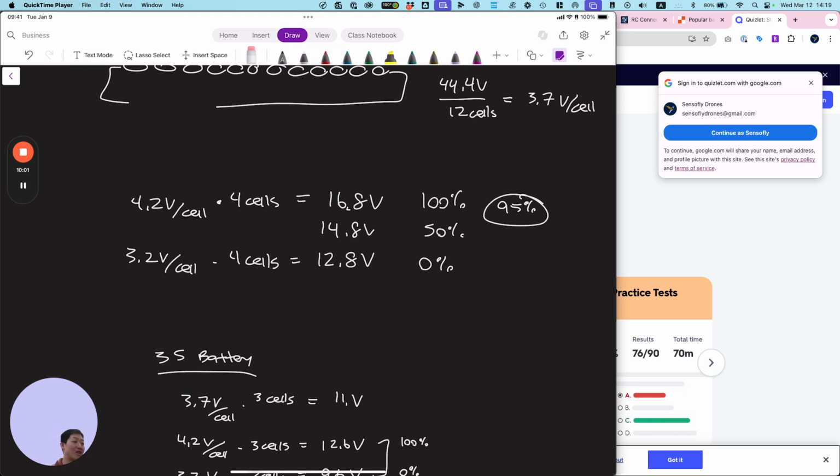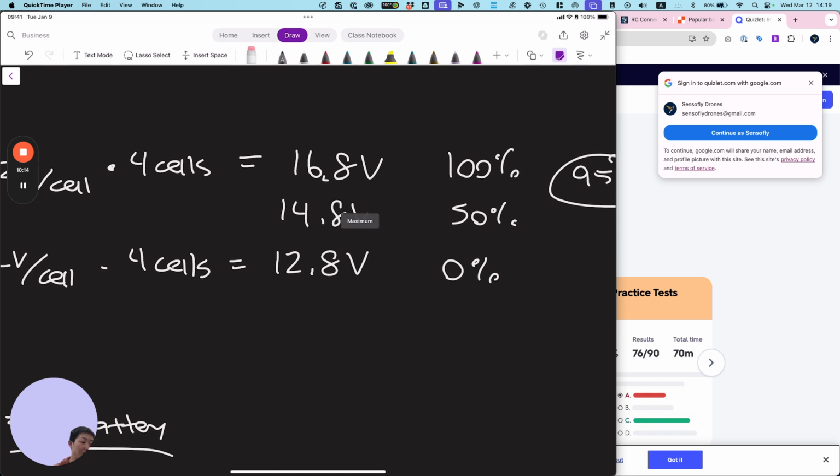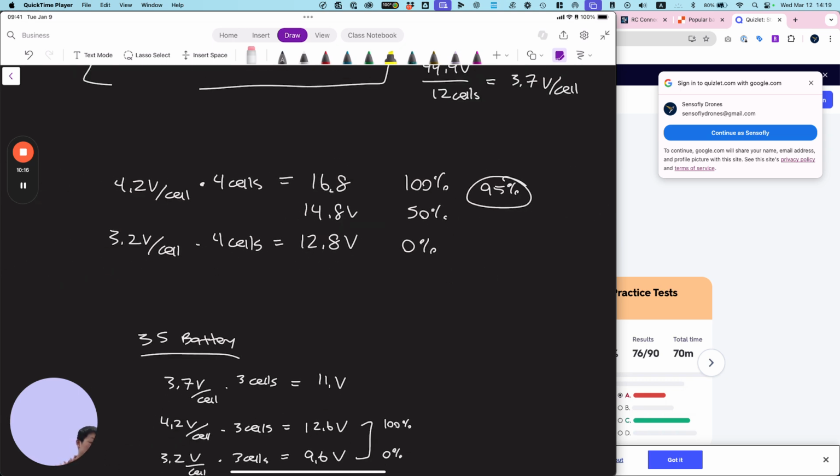Last time we took a multimeter and measured a 4S battery, and it was almost 16.8 volts. I think it was like 16.2 or something like that. You can see right here, the 16.2 was right here. So it was very close to 100%, and that's why we said it was like 95% or so.